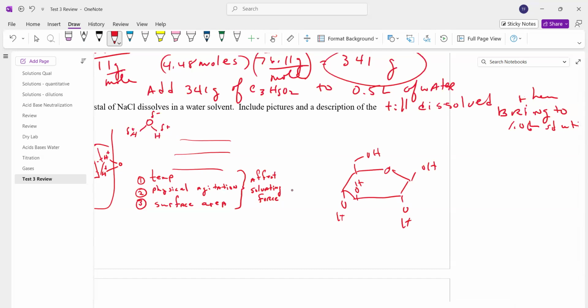Sucrose is two of them put together, glucose and fructose. So there's a lot of OHs on here, and the OHs are what make water polar. So if you have a lot of OHs, that means sugar is very polar also. So sugar is going to act the same as sodium chloride in a solution.